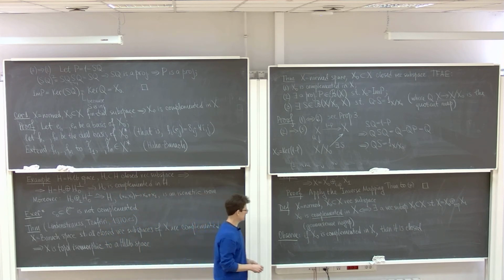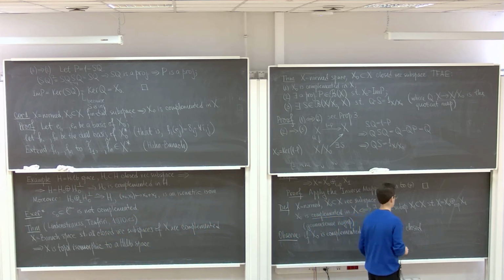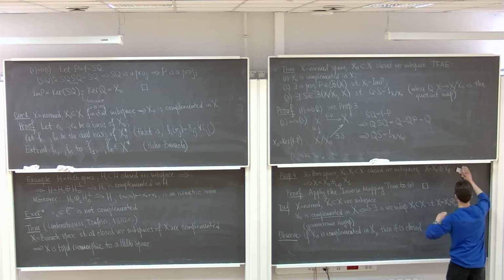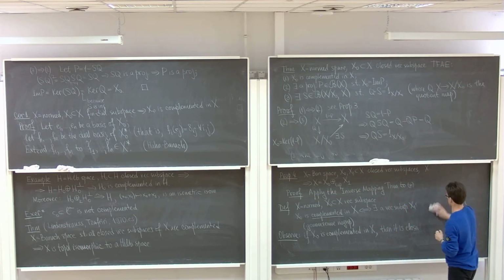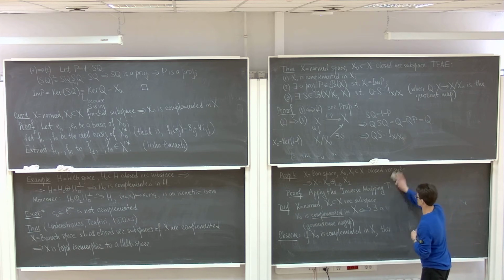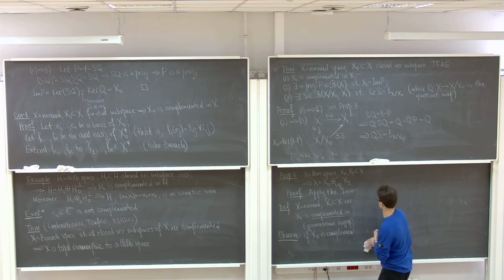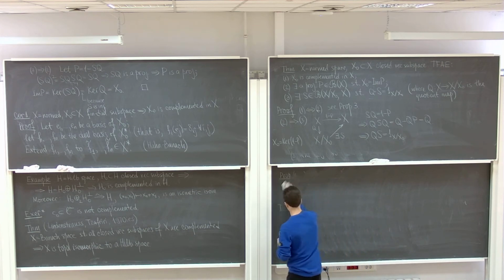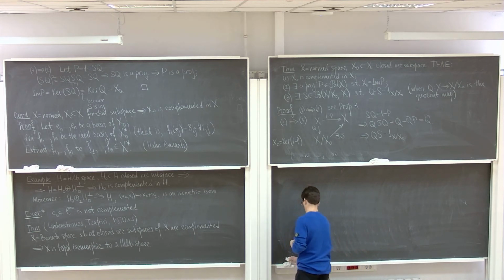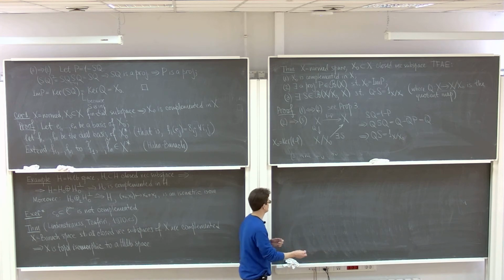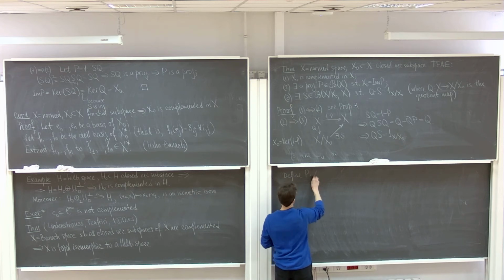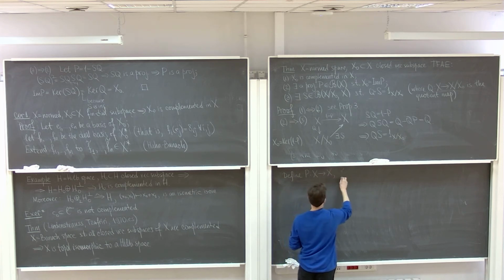And now we can explicitly construct a projection onto X0. So we will now define P by the following formula.